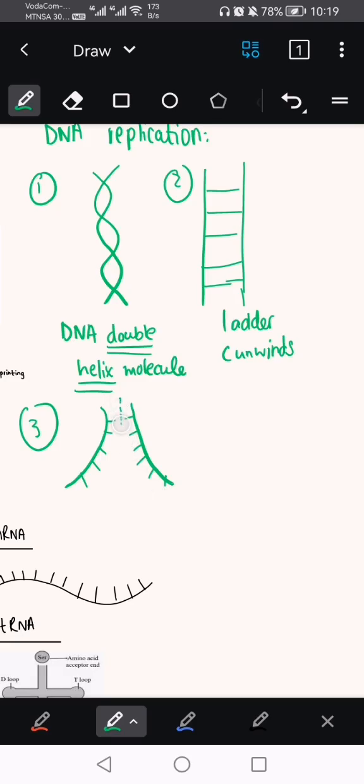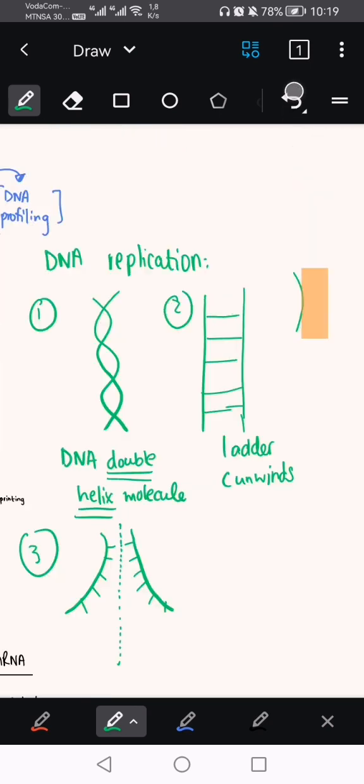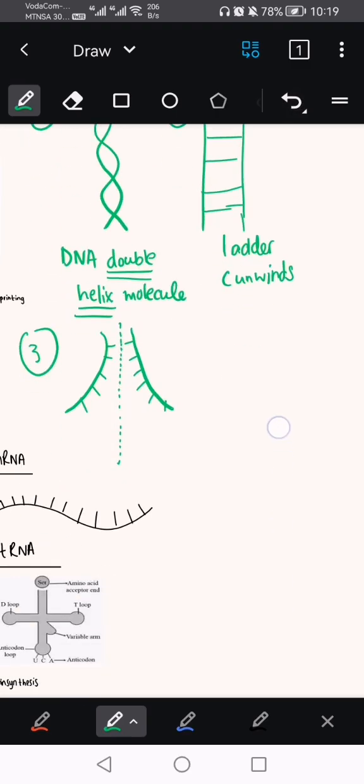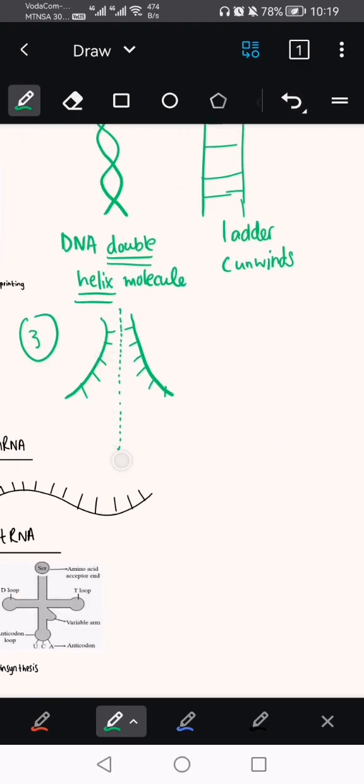Remember the nitrogenous bases broke, so it's almost like a zip on your jacket. As you pull the zip down, it breaks into two like that. So the DNA double helix molecule unwinds, and the weak hydrogen bonds in between break, causing it to unzip.